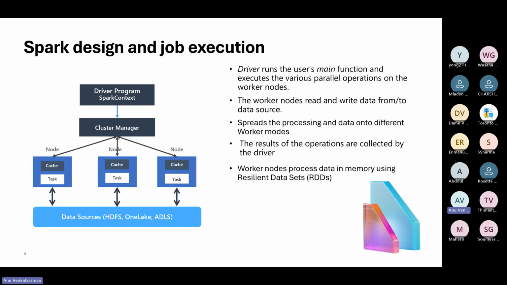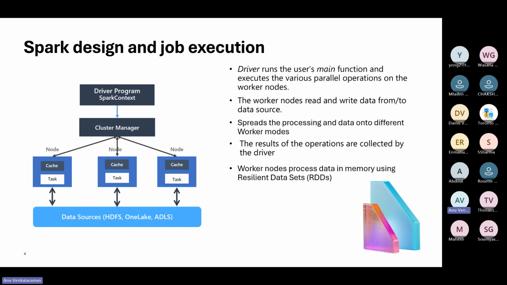The driver node will assign tasks to the executors, and the executors will run the tasks and computations assigned and return the results to the driver. So what we mean by this is, when you submit a Spark code, your driver is not actually doing the task. Your executor is doing the heavy lifting of the computation.